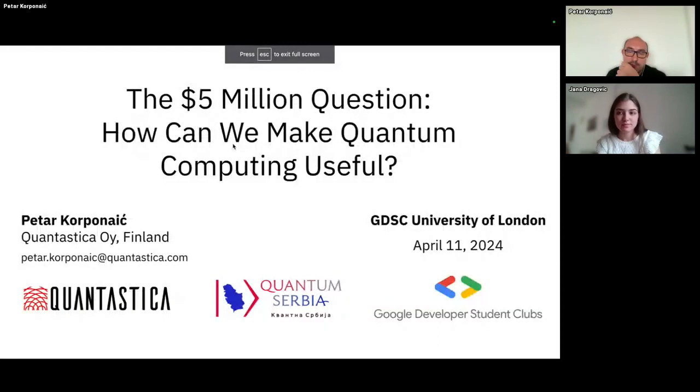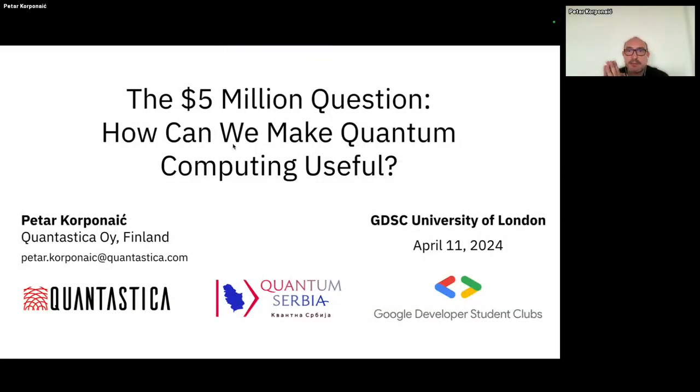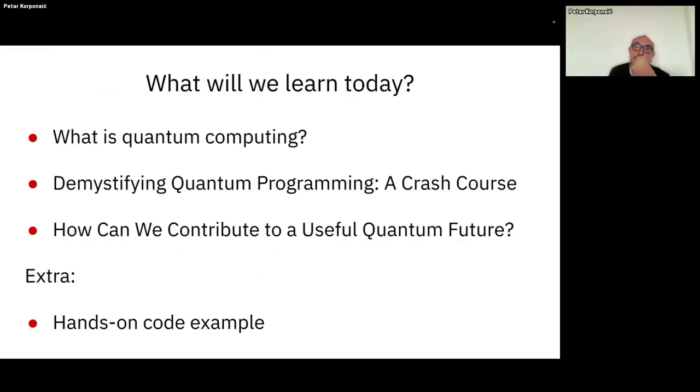Okay, so today we will talk about quantum computing, and this is the plan. What we will learn today: we will learn what quantum computing is and why we need quantum computing at all. Then we will demystify quantum programming.